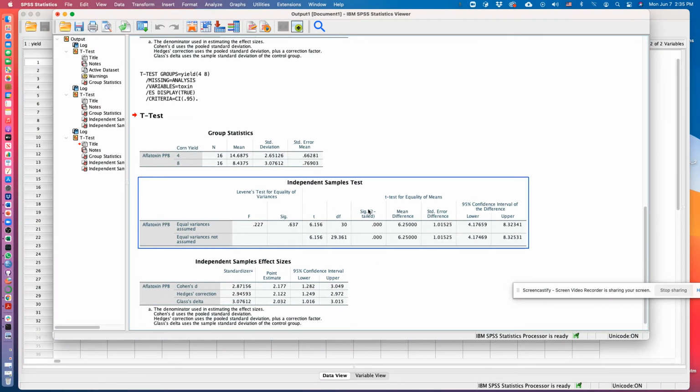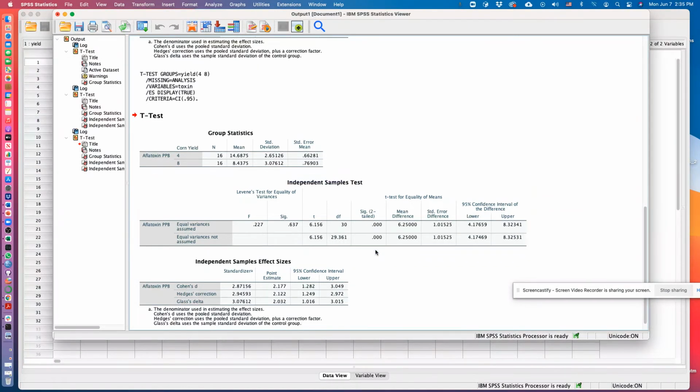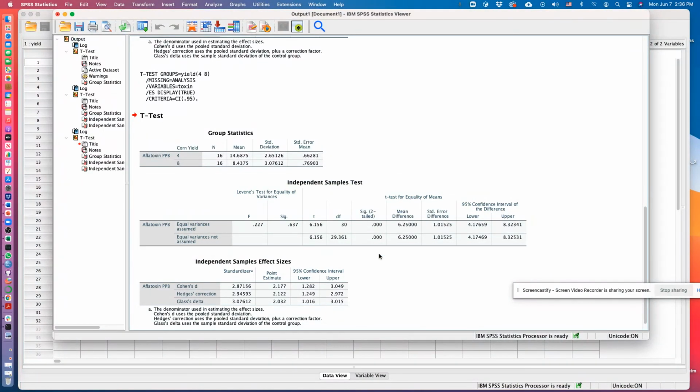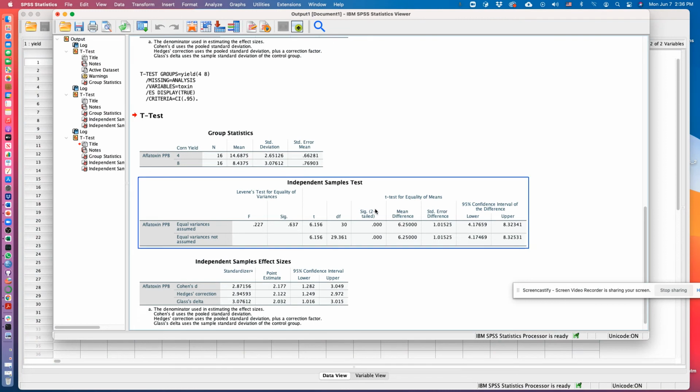And so we can then say that indeed this is a statistically significant result. And as such, we have to reject our null hypothesis. The null hypothesis will state that there is no difference. So we will reject our null hypothesis in favor of the alternative that there is a statistically significant difference, right?